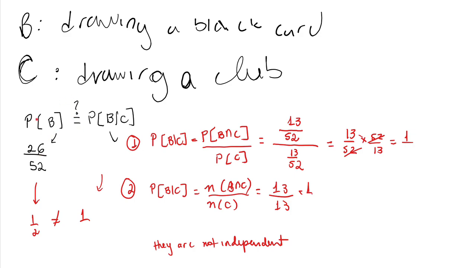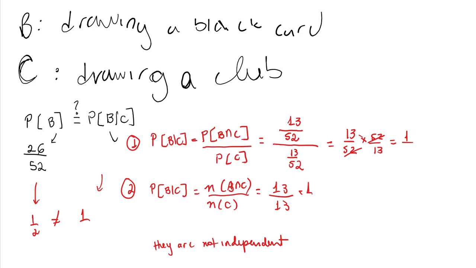So this is the concept of independent events. You can always check by doing this verification, but usually we can actually reason if things will change or not.